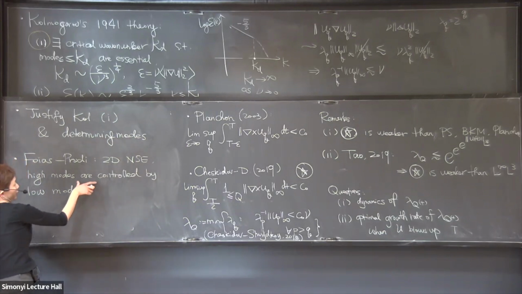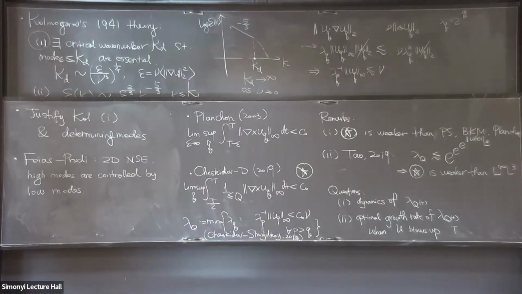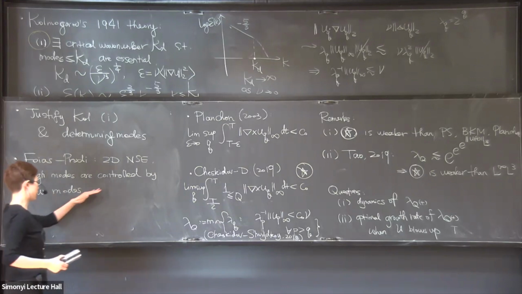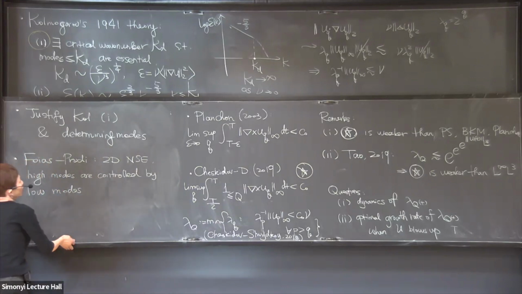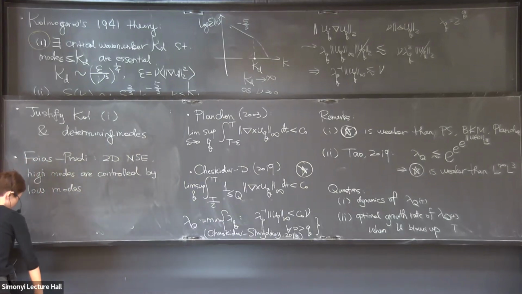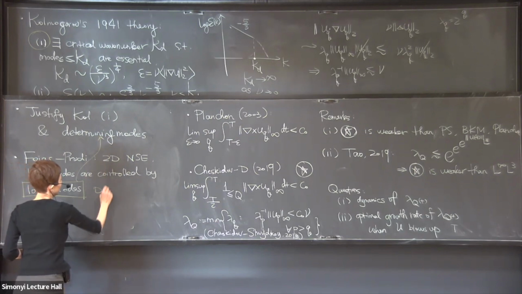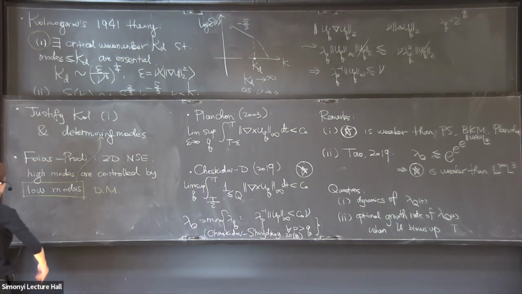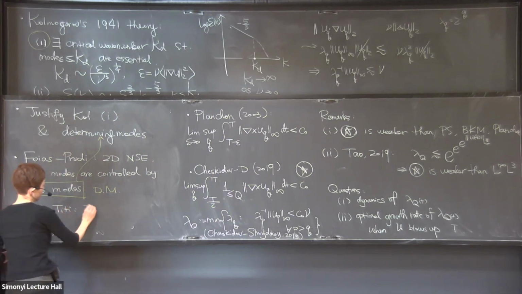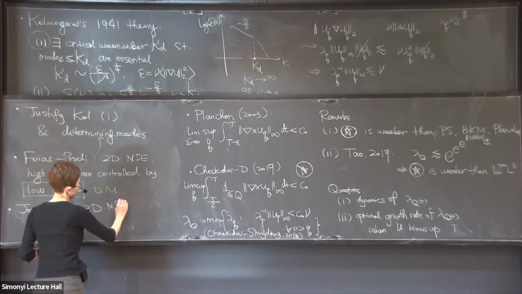So again, the high modes are dominated by the linear term. Those low modes are called determining modes. And the number of determining modes was estimated by Jones and Titi. Again, it's the 2D case.